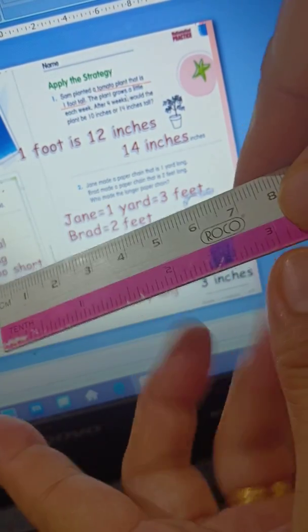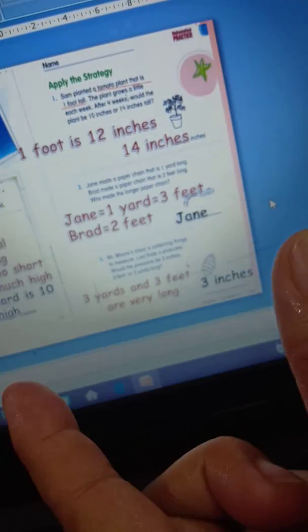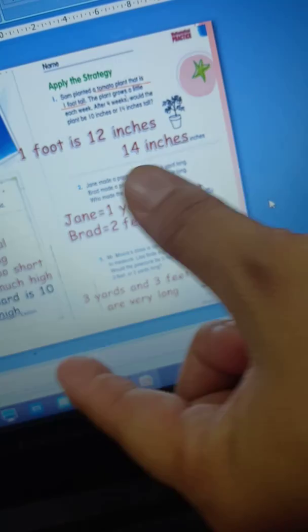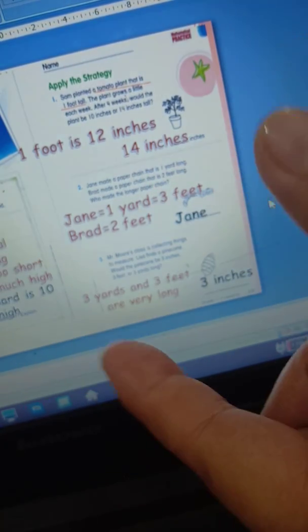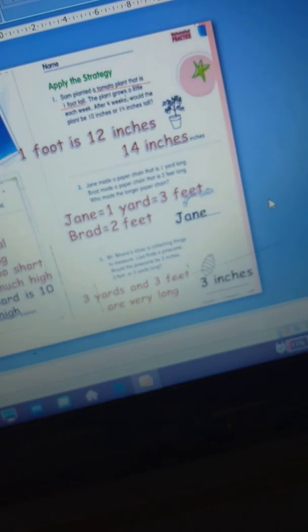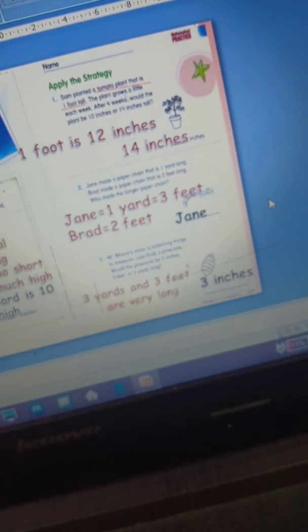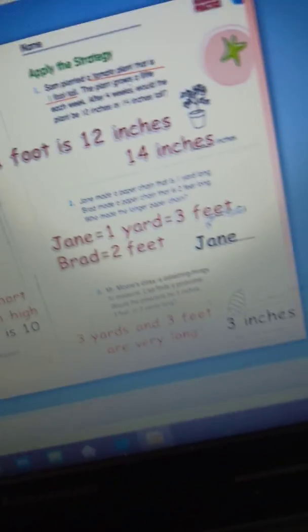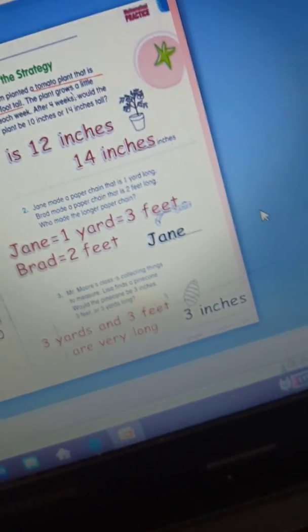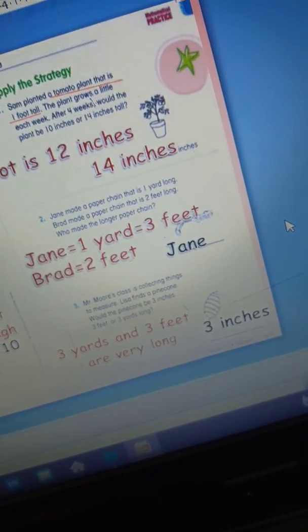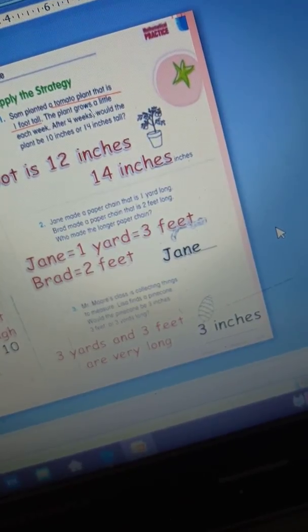From here until here. You have your ruler, right? So, the palm, like this. Yeah, and we can put it on our palm, on our hands. Correct. So, the size of the pine cone is 3 inches. Okay?